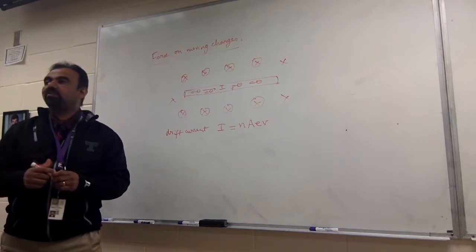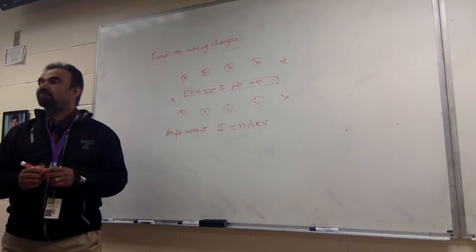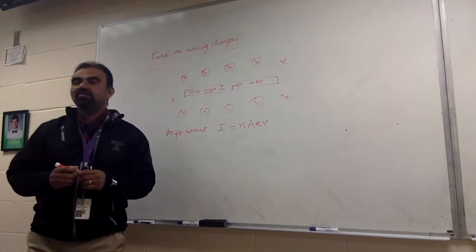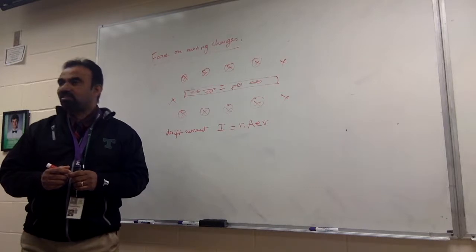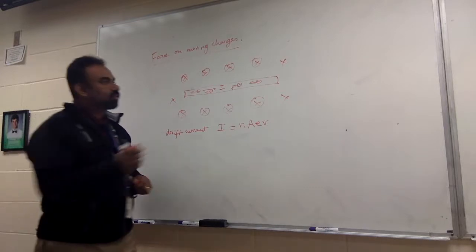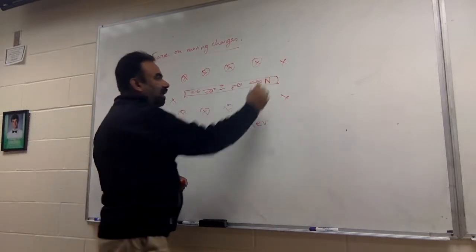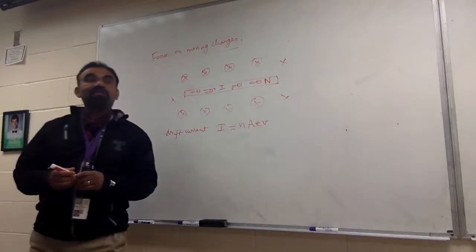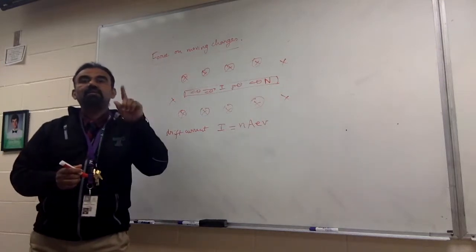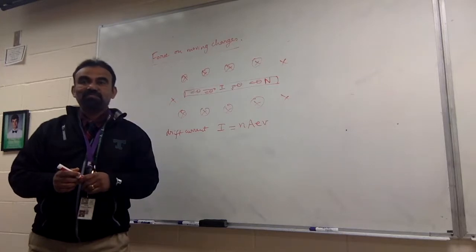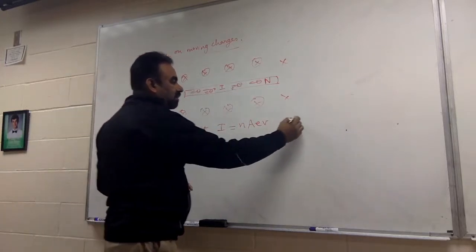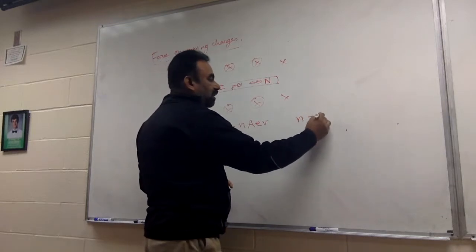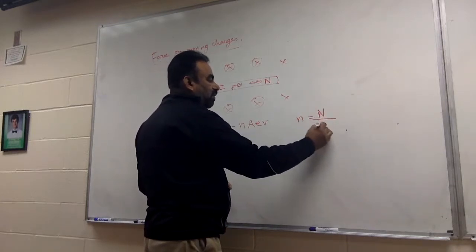What is small n standing for? Is it number of electrons? It's not just the number of electrons. The total number of electrons is N, capital N. But what is small n standing for? Yes. Number of electrons per unit volume. So small n is the number of electrons per unit volume.